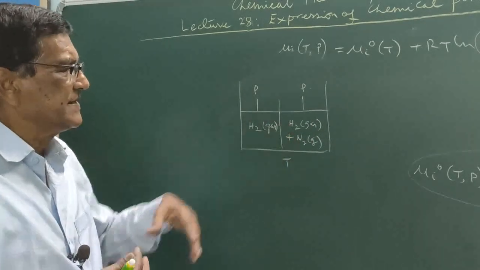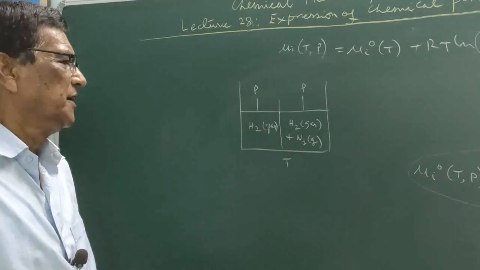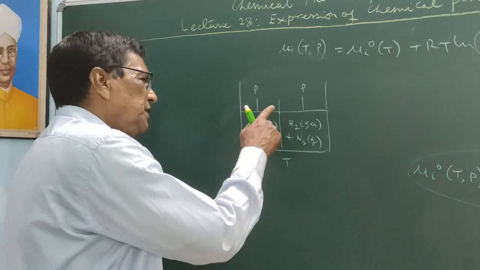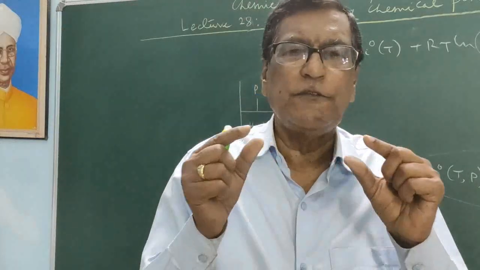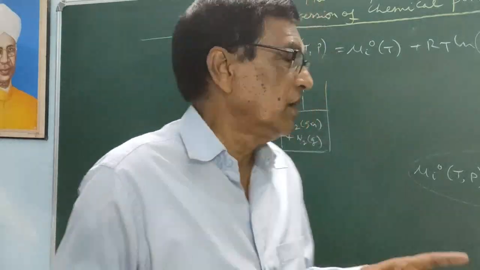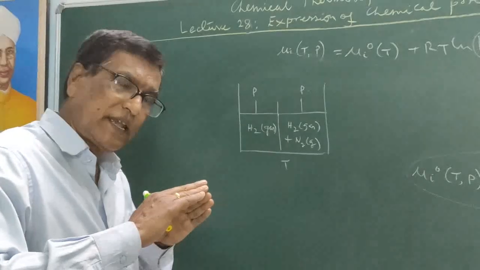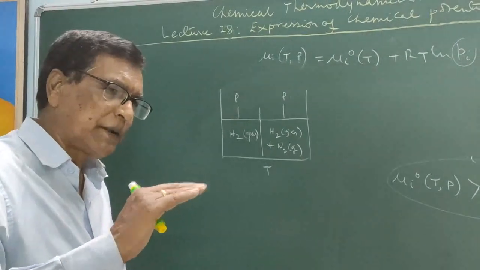Suppose the gas is an ideal mixture of these two gases, and we take this partition to be a very thin palladium metal foil through which the hydrogen gas can flow.